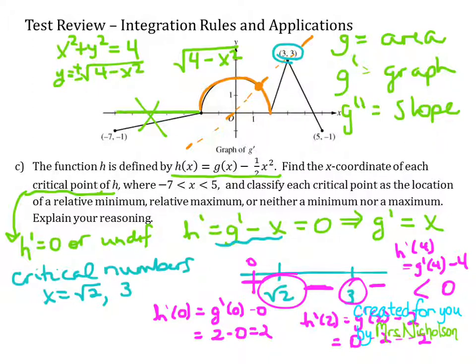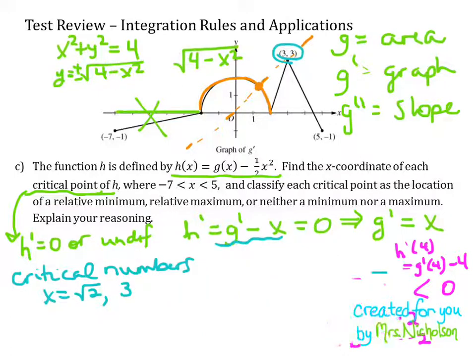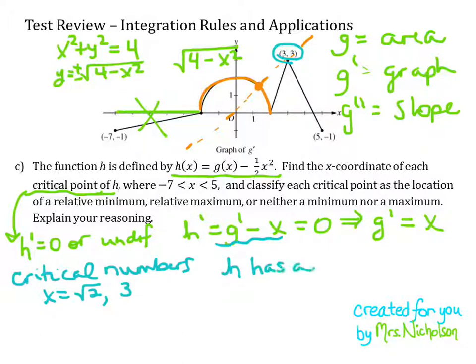So I've done a lot of writing here. I'm going to erase my sign chart. And then let's write our answer. So we're going to say, we've listed our critical numbers. And we're going to say h has a relative max at x equals square root of 2 because, actually, I'm sorry, we should follow what we're given.